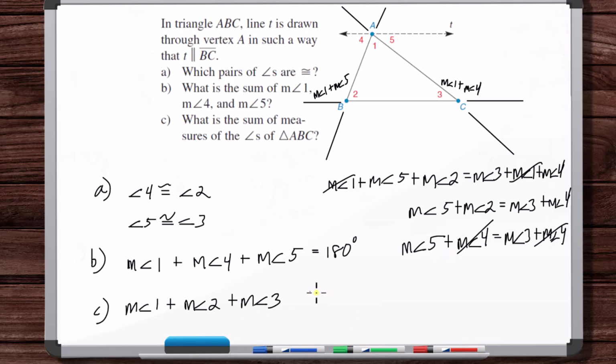Well, here we go. Measure of angle 1. Since 2 and 4 are congruent, we can change measure of angle 2 to measure of angle 4. 3 and 5 are congruent, so we can change measure of angle 3 to measure of angle 5. Now, the measure of angle 1 plus measure of angle 4 plus measure of angle 5 is equal to 180. So the answer to part C is 180.